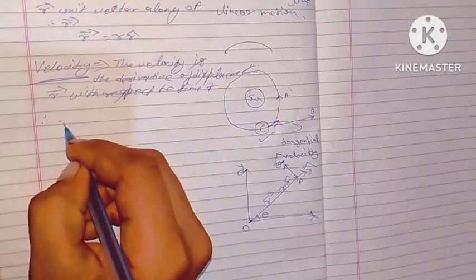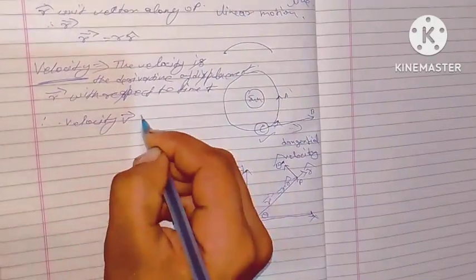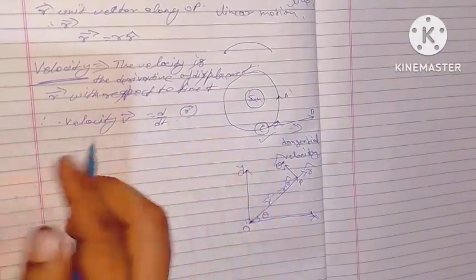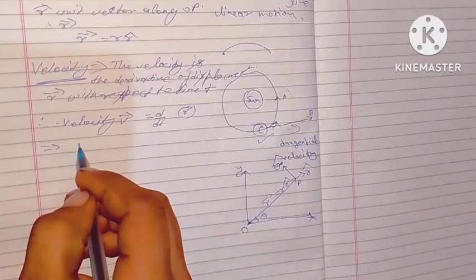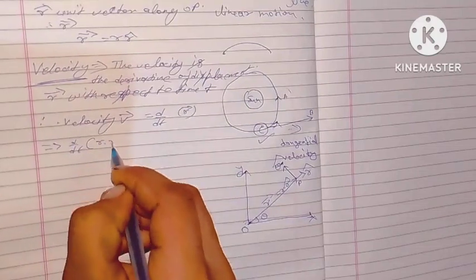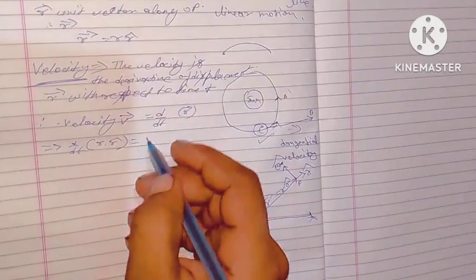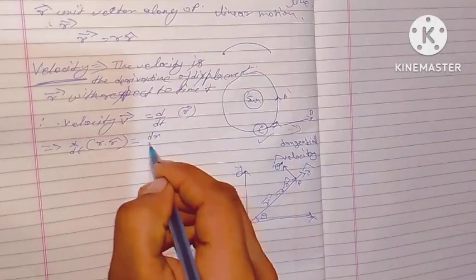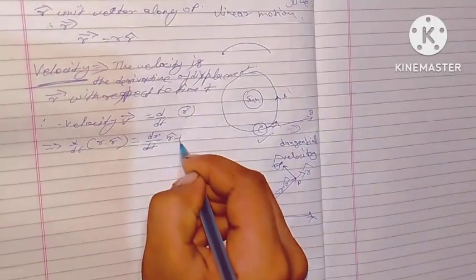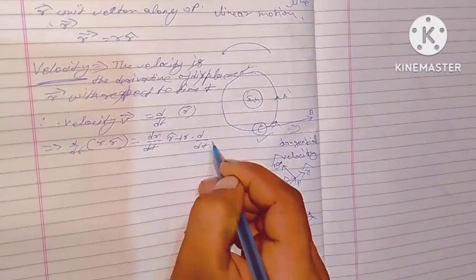So velocity vector v equals d by dt of vector r, equals d by dt of r unit vector r, equals the derivative of r times unit vector r plus r times the derivative of unit vector r.